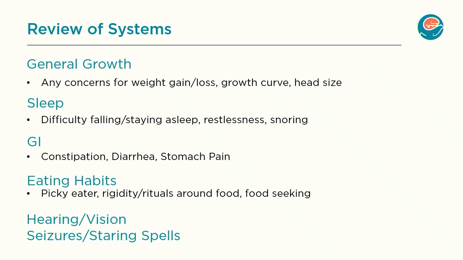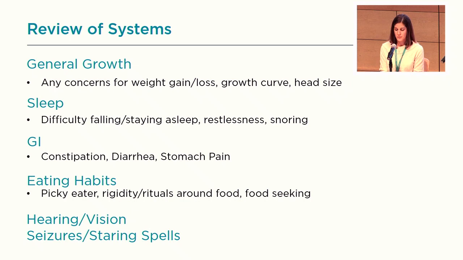So some of the common areas that we ask about are general growth. Are there any concerns for weight gain, weight loss, any concerns that a child may be falling off the growth curve or accelerating on the growth curve faster than is expected? Are there any concerns for head size?